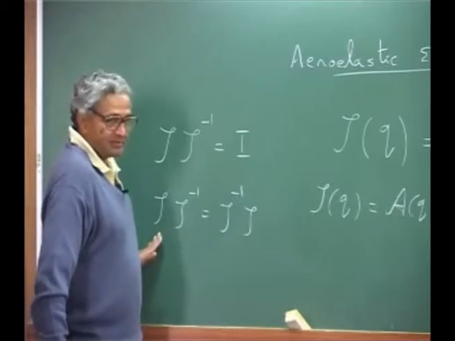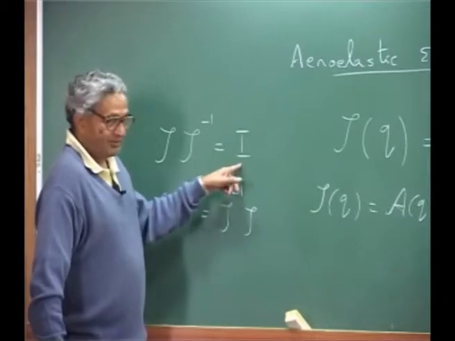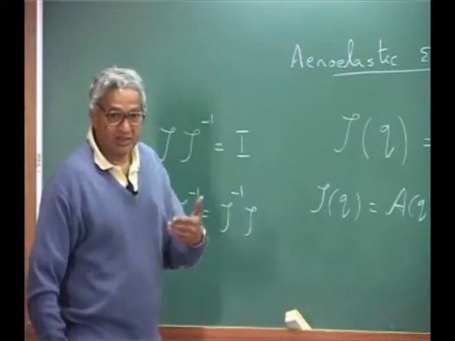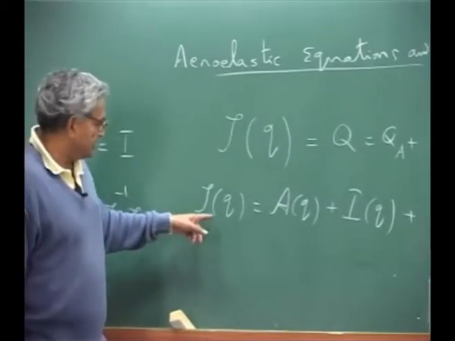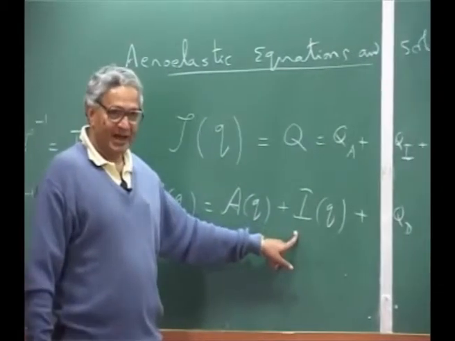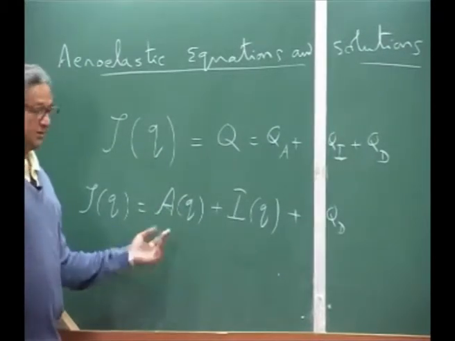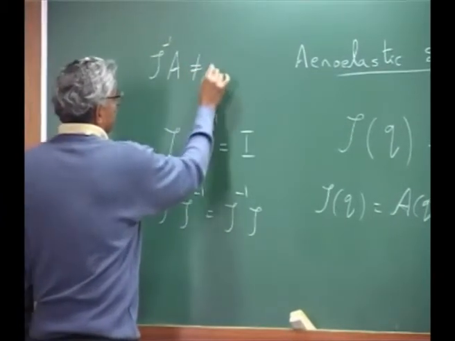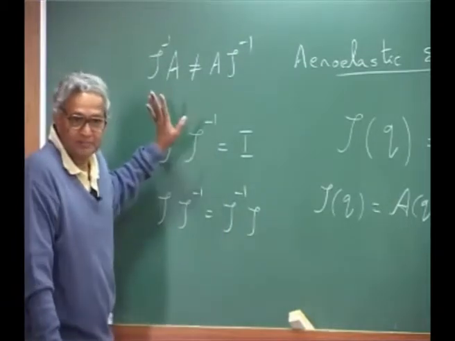Structural operator operating on it in 1. Now what condition will make this valid? But in general, if I take the inverse of this, because I need Q, Q will be structural operator inverse into A, structural operator inverse into I. Now I cannot put this, this is not valid, they don't commute.